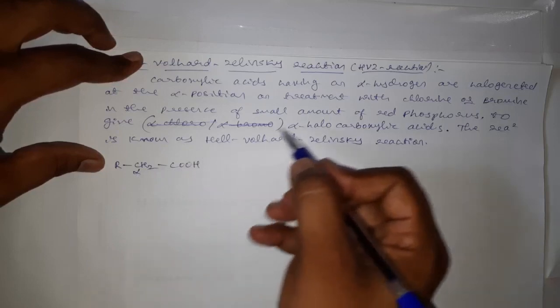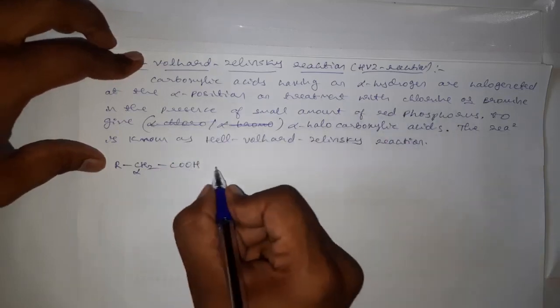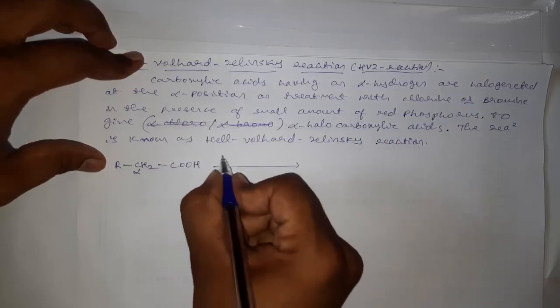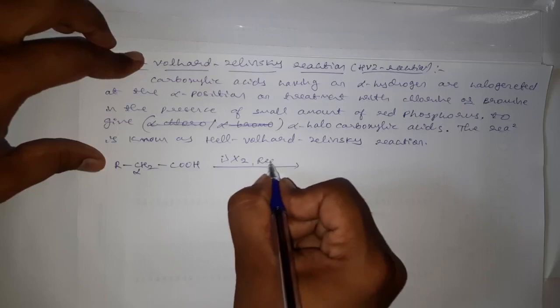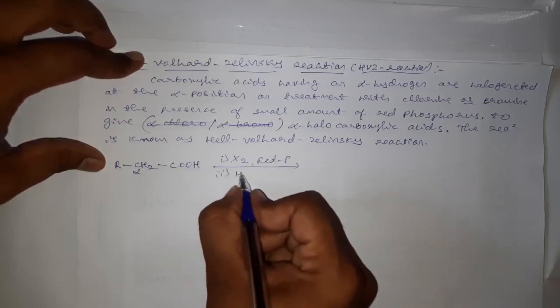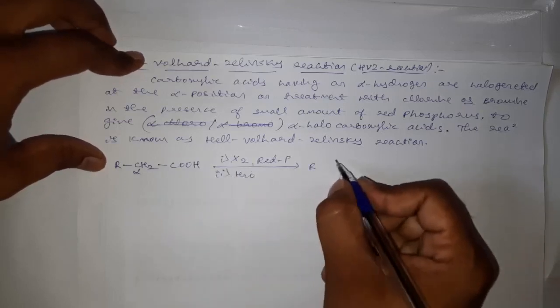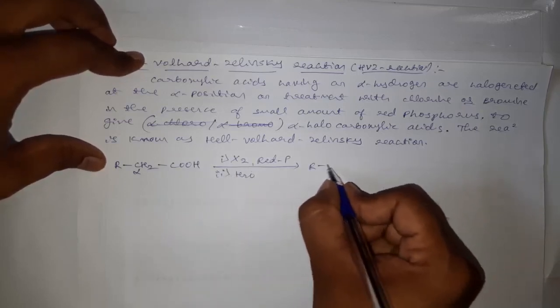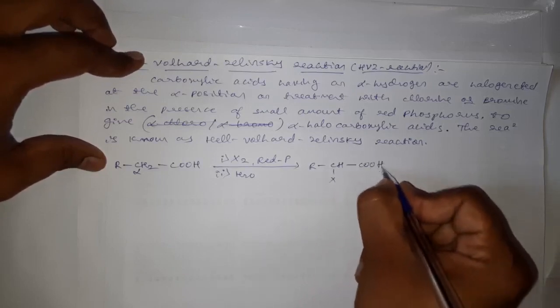Okay, and this, on treating with chlorine or bromine, or in general we can write X2 for halogen, in presence of red phosphorus, on hydrolysis gives an alpha-halocarboxylic acid, CHXCOOH.